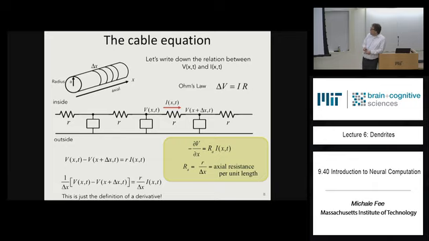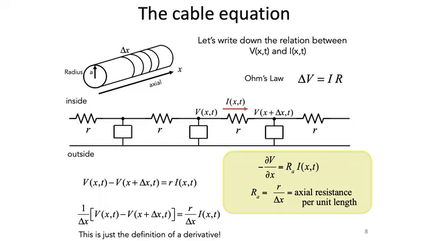So let's write that out. Notice that it's the negative of the derivative, because the derivative would have V of x plus delta x minus V of x. So negative dV/dx is equal to some resistance times the current. And notice that this capital R sub A is called the axial resistance per unit length.